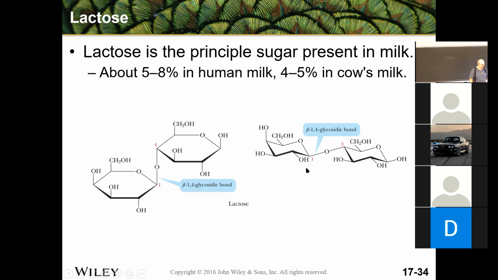The only difference between glucose and galactose is on carbon number 4. This OH is axial rather than equatorial. And so this is a 1 to 4 linkage. Carbon number 1 on galactose bonds to carbon number 4 on glucose.